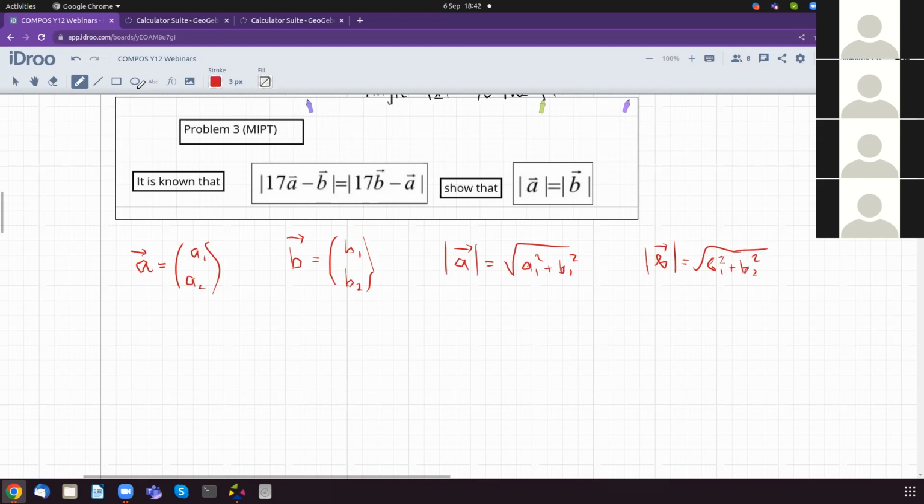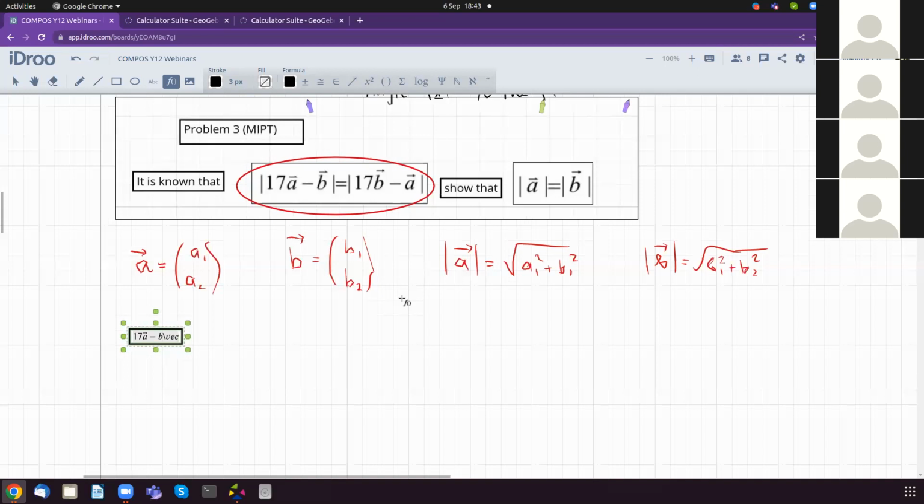All right, now let's look at this expression. We'll need to figure out what that is. So 17a minus b, we should subtract the vectors.